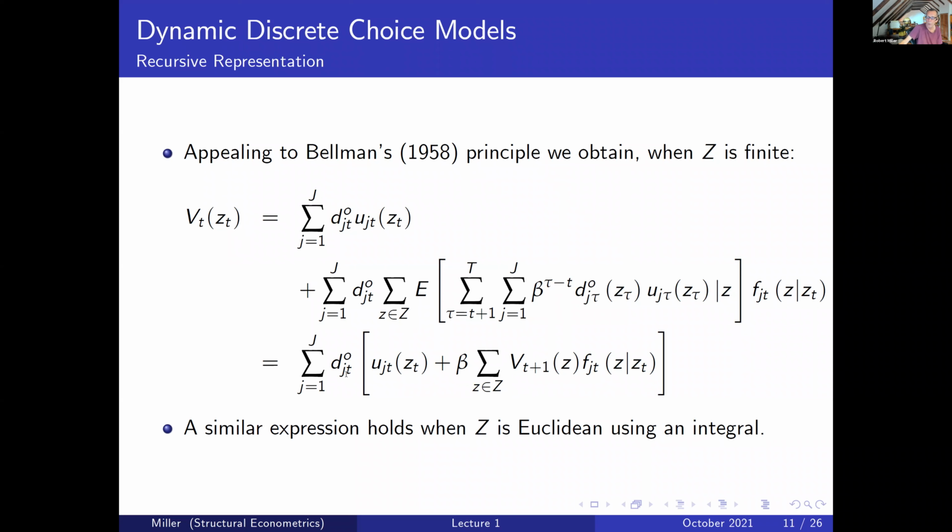When I choose the optimal thing, I will get my indirect utility now, or my value function now. Indirect utility and value function are more or less the same thing. Both are talking about what utility you get when you optimize, okay?